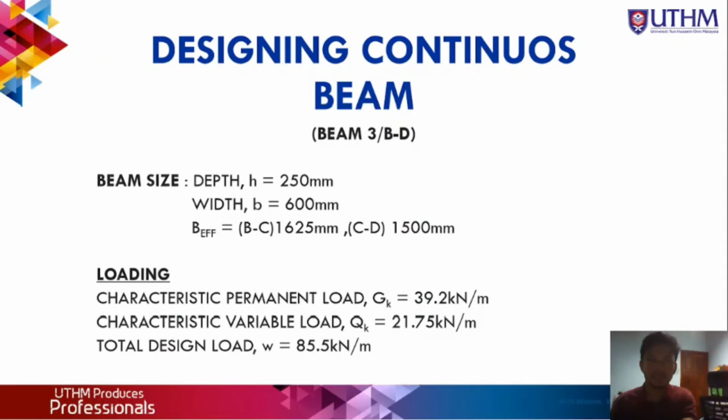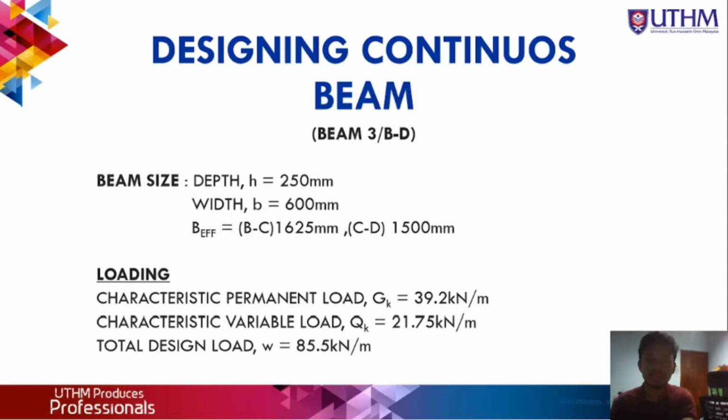For designing continuous beam, I design beam 3/BD. The beam size is depth 250 mm, width is 600 mm, and effective flange width is 1625 mm for span BC, and for span CD is 1500.